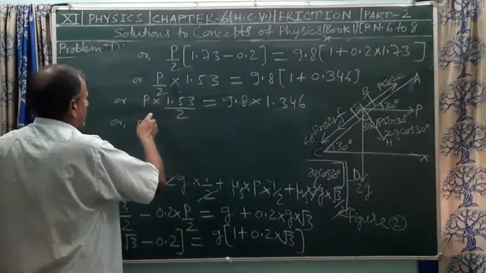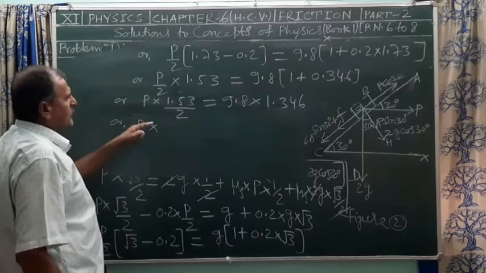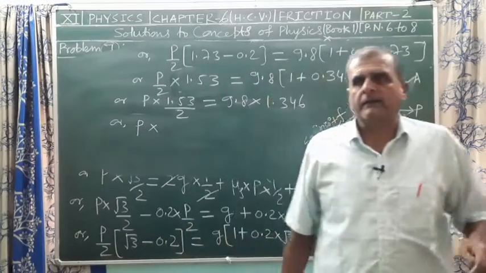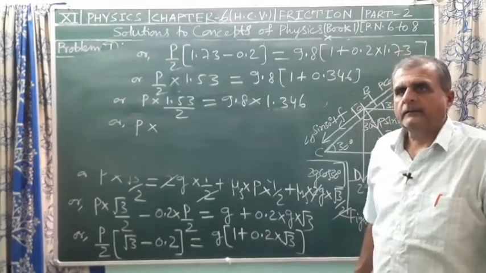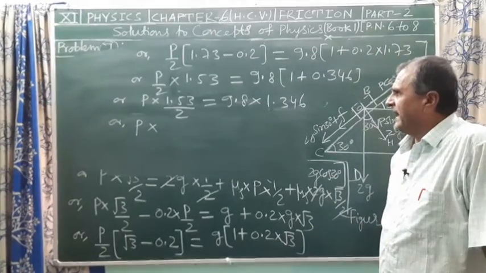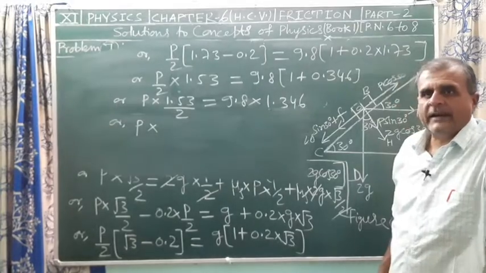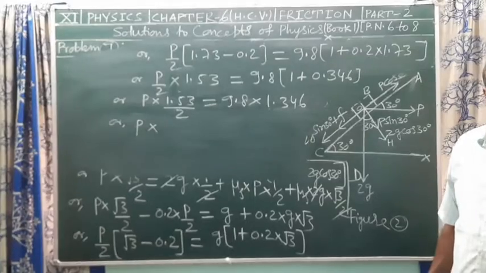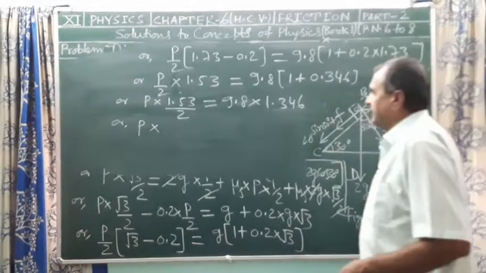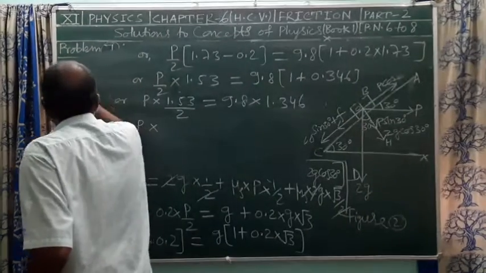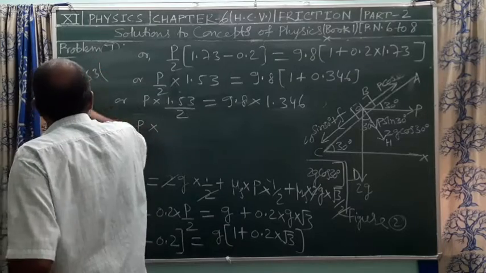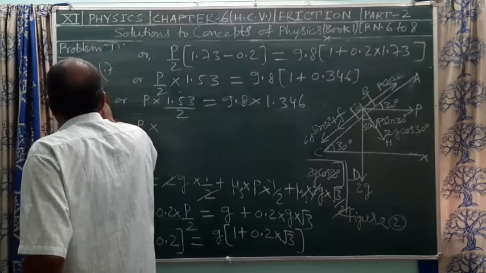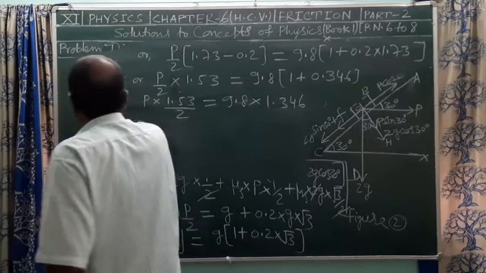So in LHS the next term is p into 1.53 upon 2. After dividing 1.53 by 2, it is 0.76. If we divide 1.53 by 2 it is 0.7 and then 6 times.